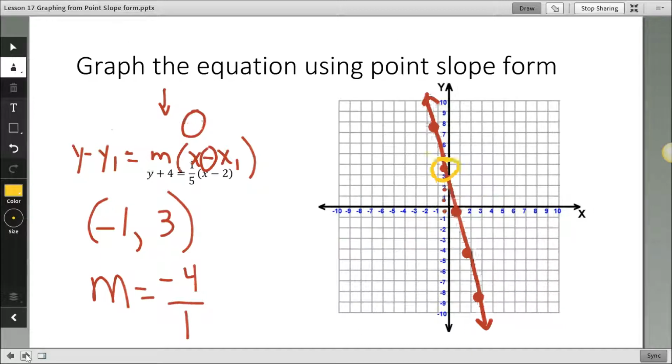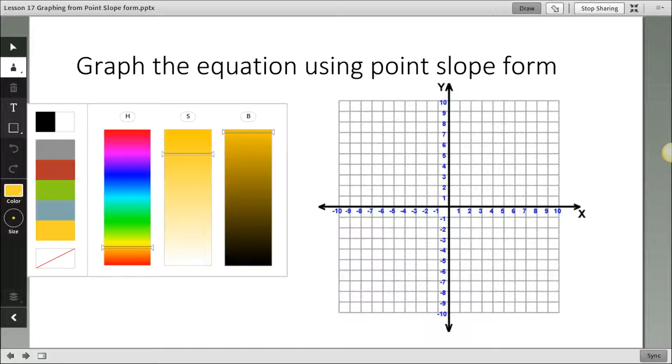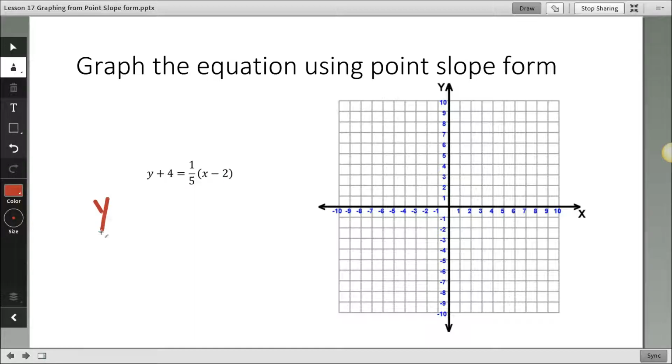All right. Second example, this time we got a fraction. This time we have y plus 4 equals 1/5 times x minus 2. Again, remember it's y minus y1 equals m times x minus x1. So the x coordinate of our point will be positive 2.